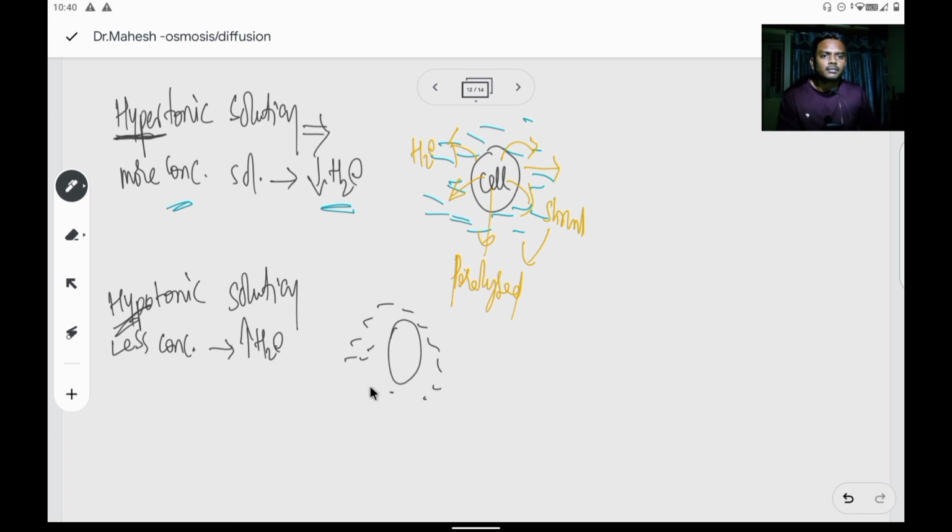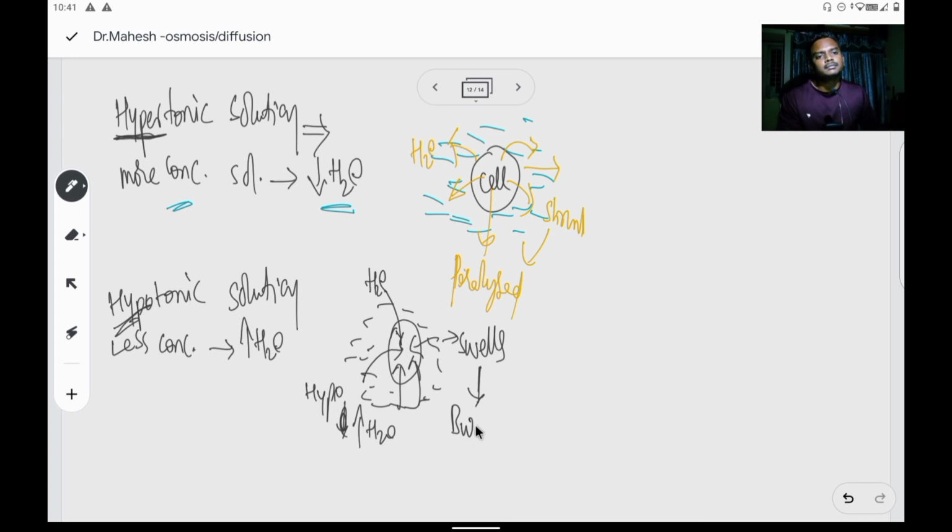The surrounding is water, hypotonic water, that means fewer solute particles and more water. And now what happens? There is more water outside, so water will go inside, and the cell swells and eventually bursts.